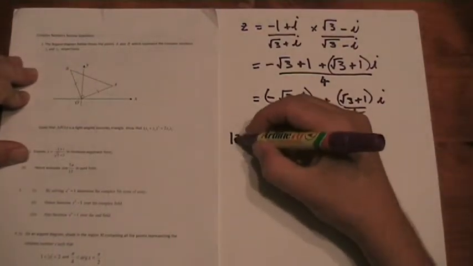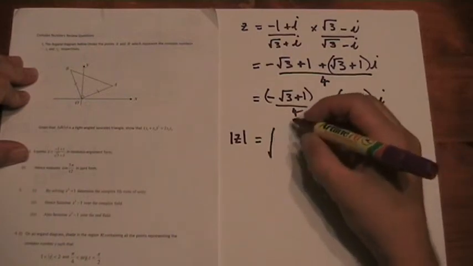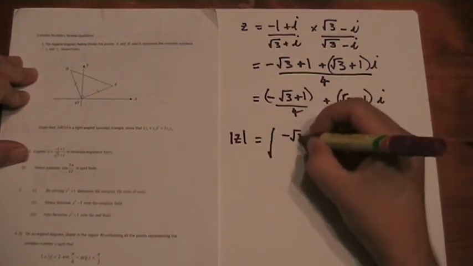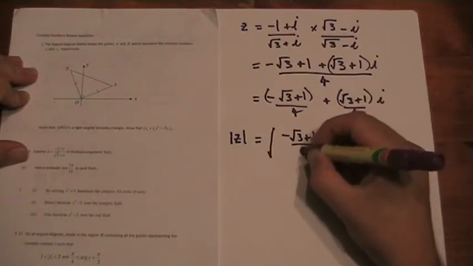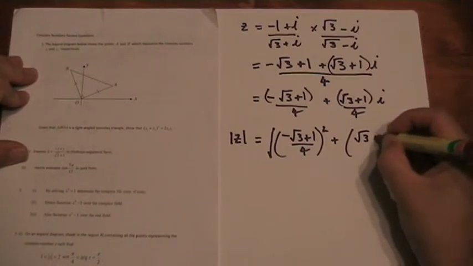The modulus of z is going to be equal to the square root of x squared plus y squared.